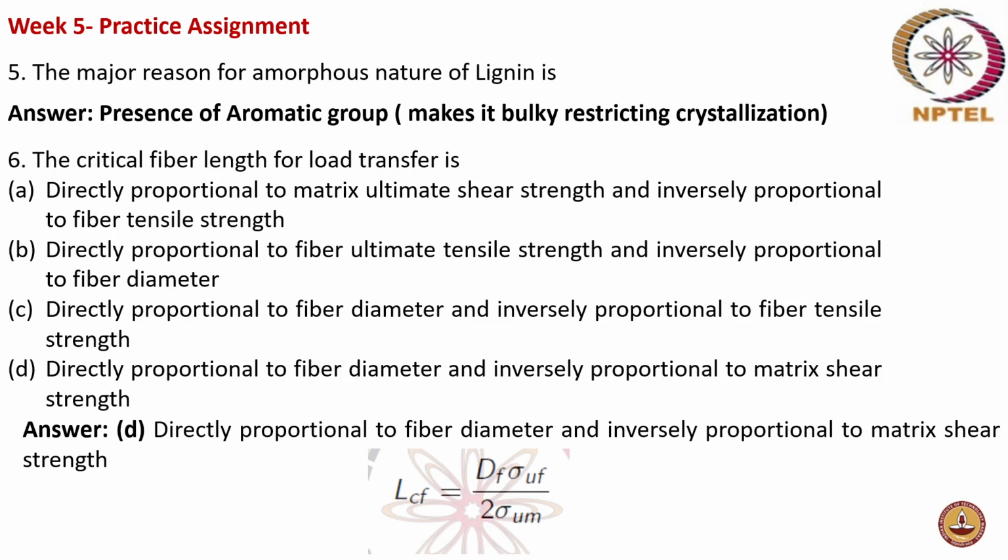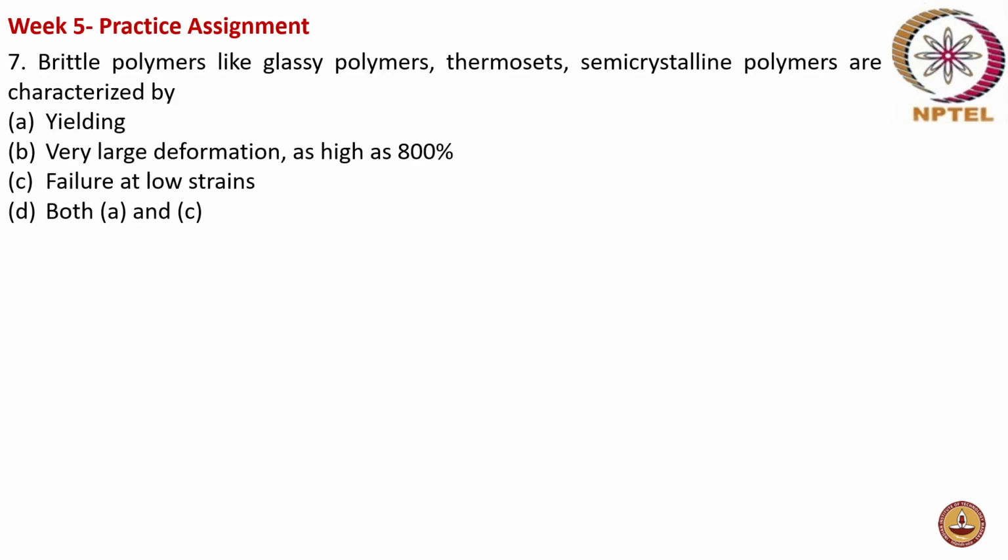Are you able to get my point? Got it, right? You just have to immediately correlate with ourselves. So if both are in terms of fiber, that should be directly proportional. Okay, now let's move on to the next question.